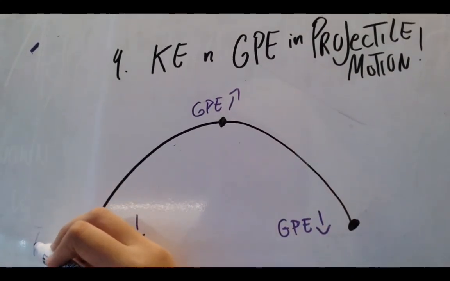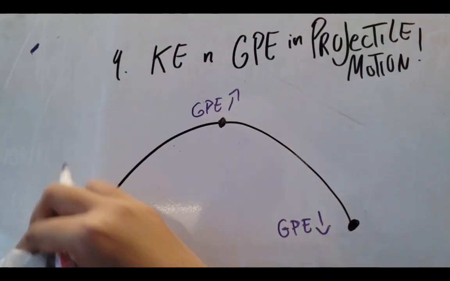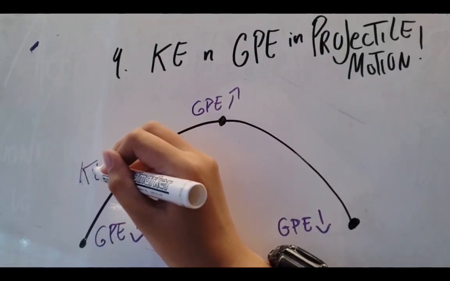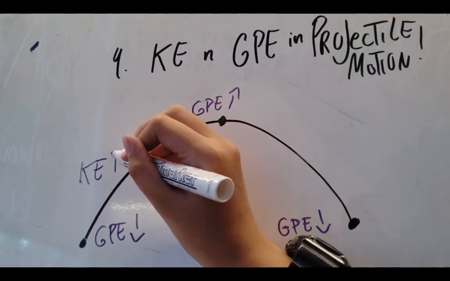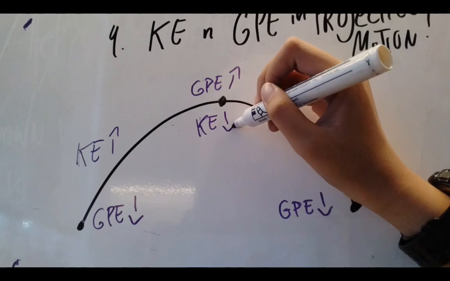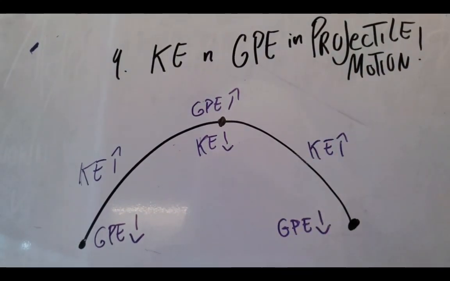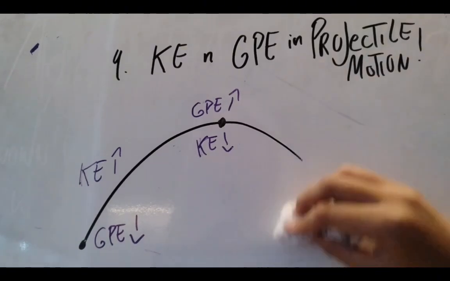Next, the kinetic energy. When the ball has just been projected in the air, the kinetic energy increases. And when it reaches maximum height, the kinetic energy is 0. And when the ball comes back to the ground, the kinetic energy increases.